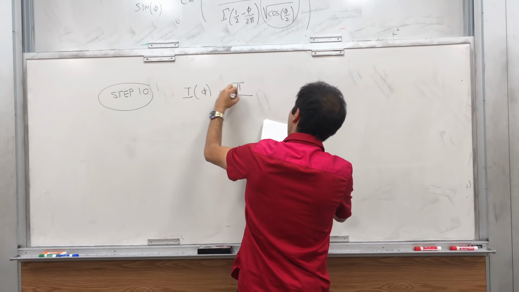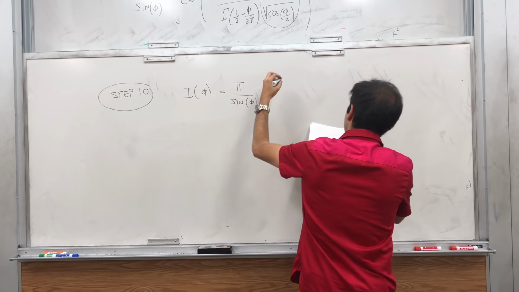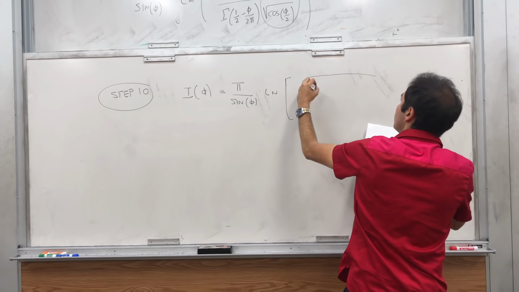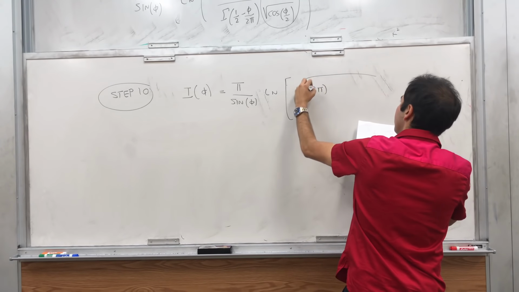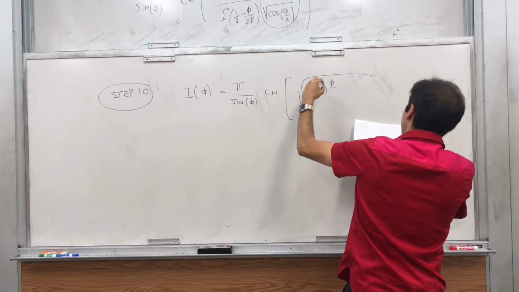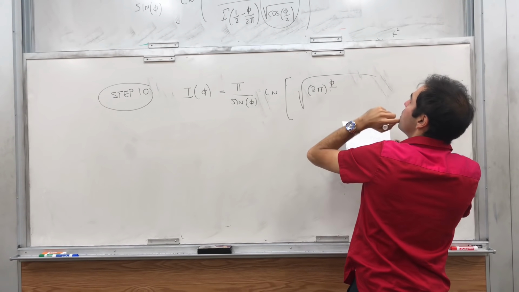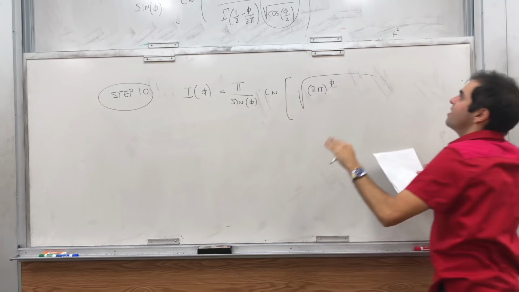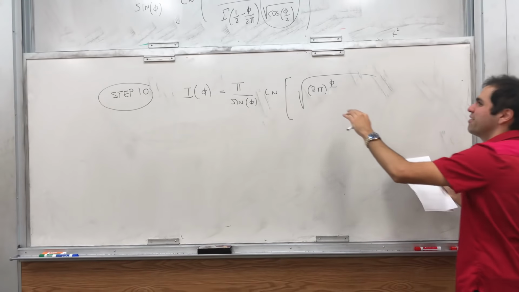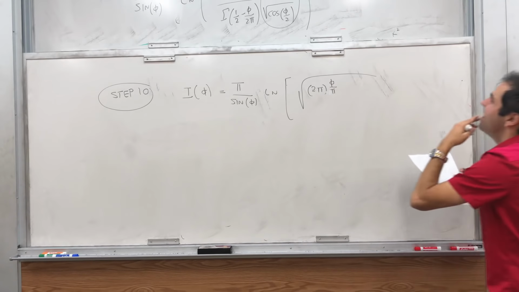It's pi over sine of phi, ln of square root, again, 2 pi to the phi over 2 pi, which is square root of 2 pi over phi over pi. I'm so tired now.